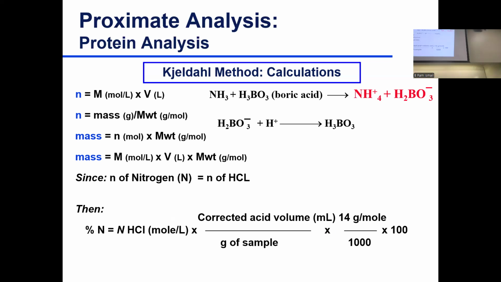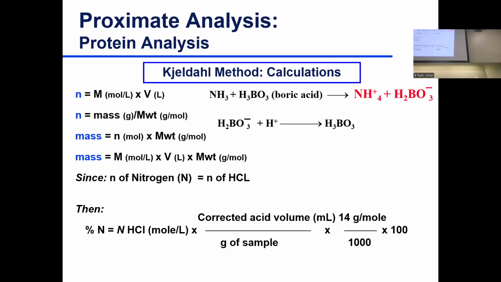Number of moles equals molarity times volume, and number of moles equals mass over molecular weight. So if I say this side is for the nitrogen, and this is for the HCl at equilibrium, this is equal to that. Then I want to solve for the mass of nitrogen. Okay, then I bring this over here.